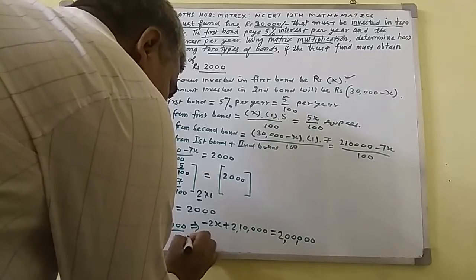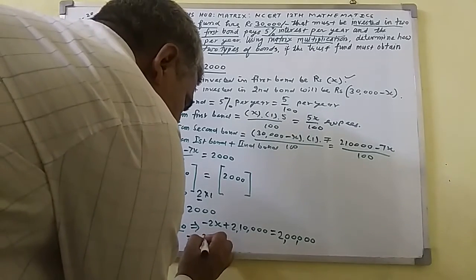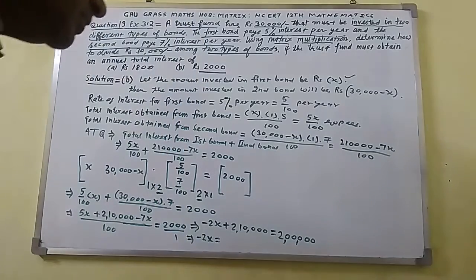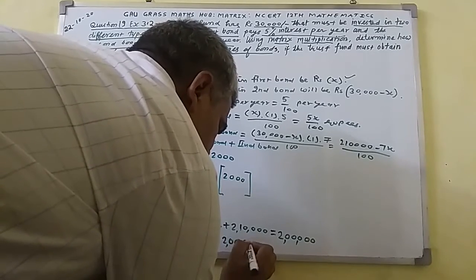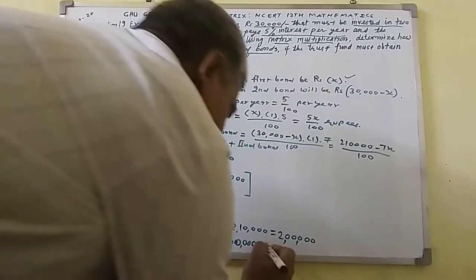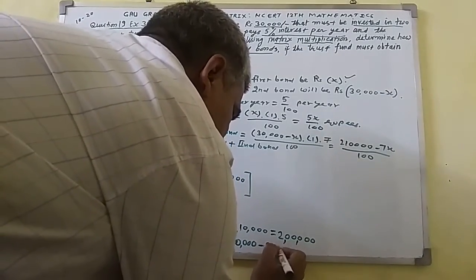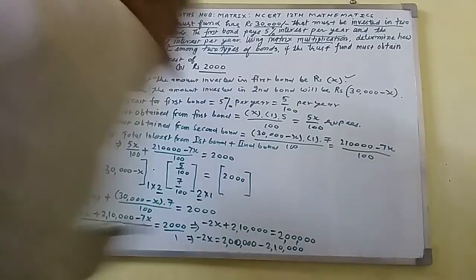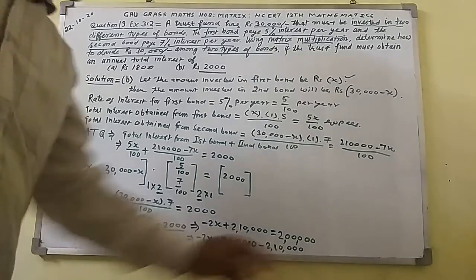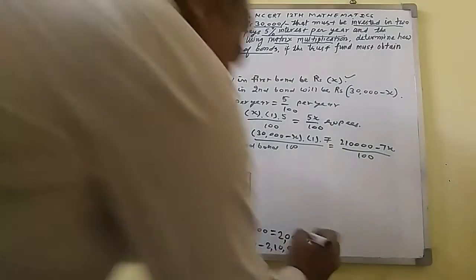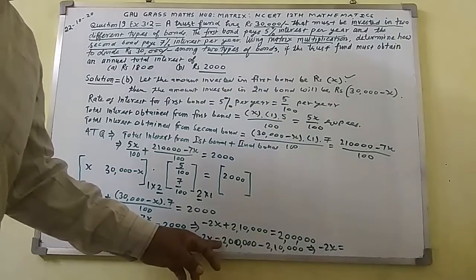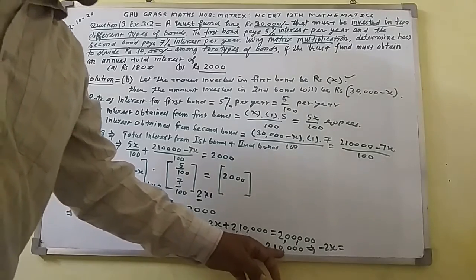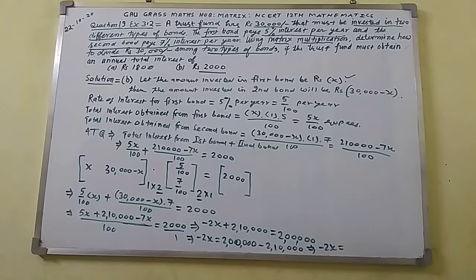This one can be reflected, minus 2x equal to 2 lakh minus 2 lakh 10,000. 2 lakh minus 2 lakh 10,000, you will get here very well, that minus 2x equal to plus 2 lakh minus 2 lakh 10,000 will be operated together.